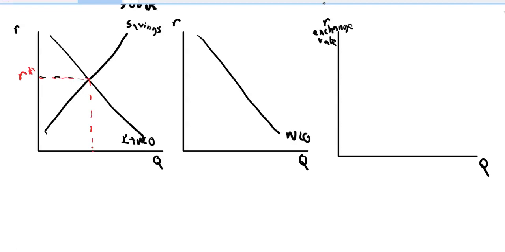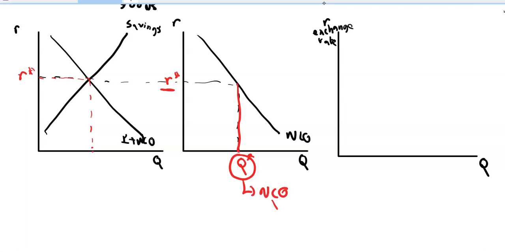We have NCO already embedded in this curve, but we want to see it separately because NCO helps us see what is happening to the inflow and outflow of funds within the US and between the US and other countries. Now this quantity determined the value of NCO.